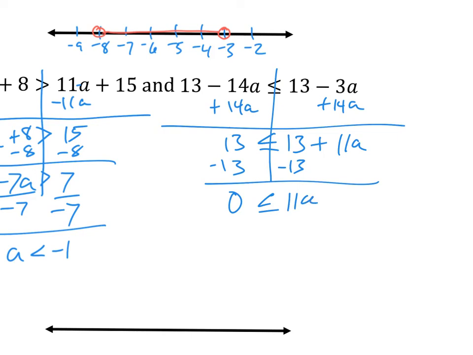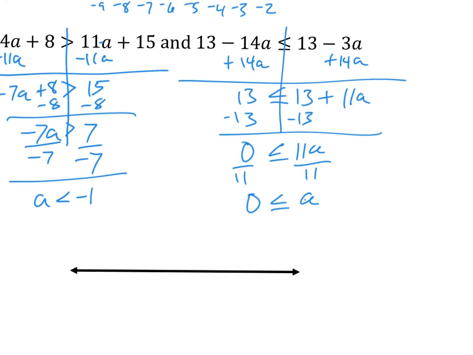Okay, and then finally, we want to get a by itself, so we will divide by 11 on both sides, but 0 divided by 11 is just 0 still, so we have 0 is less than or equal to a. Or I will rewrite that because we always want our variable to be read first, so our variable on the left, that would be a is greater than or equal to 0. Because if we're going to rewrite it in that order, we have to make sure we flip that inequality sign so that it remains the same.